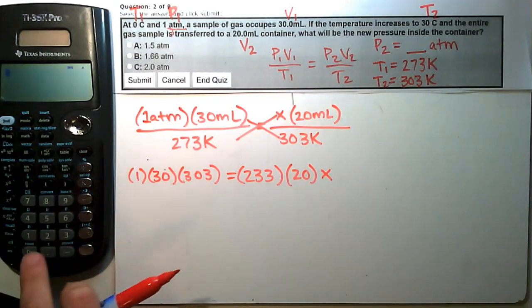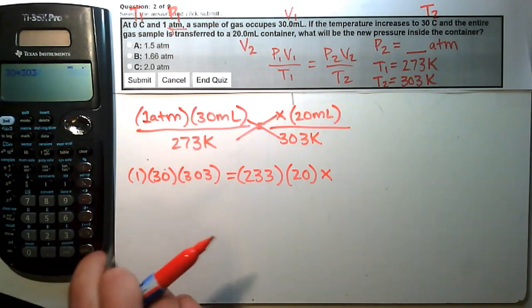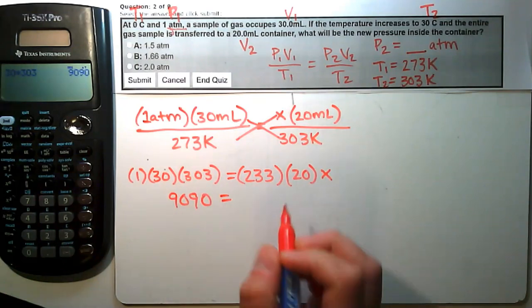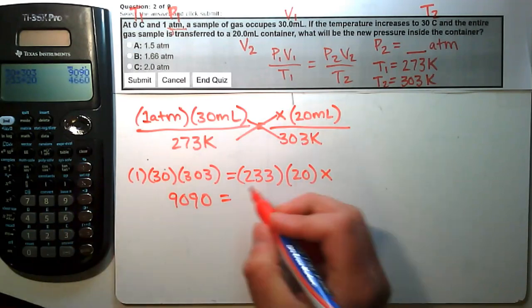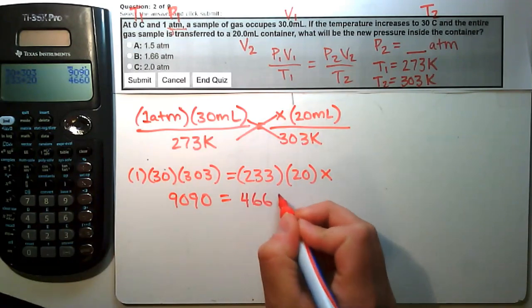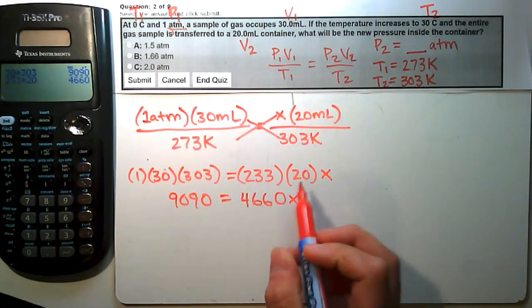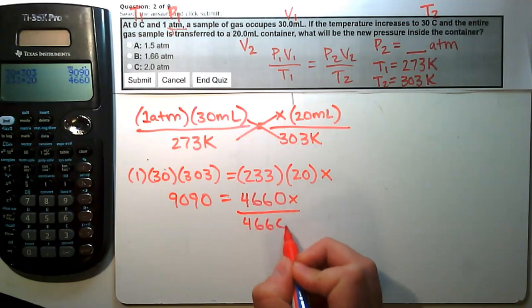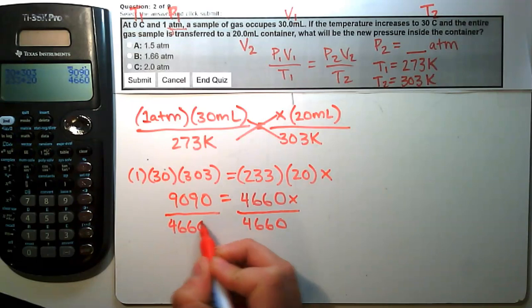Put this in our calculator. 30 times 1 times 303 gives us 9090 equals 273 times 20, 5460X. Now we just need to isolate X, and to do that we'll divide by 5460, and we'll do that on both sides of our equation.